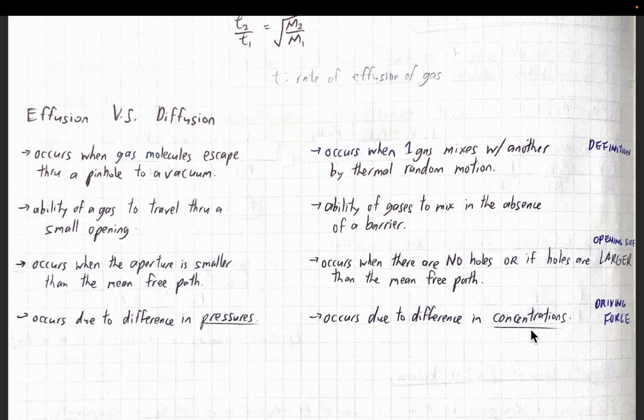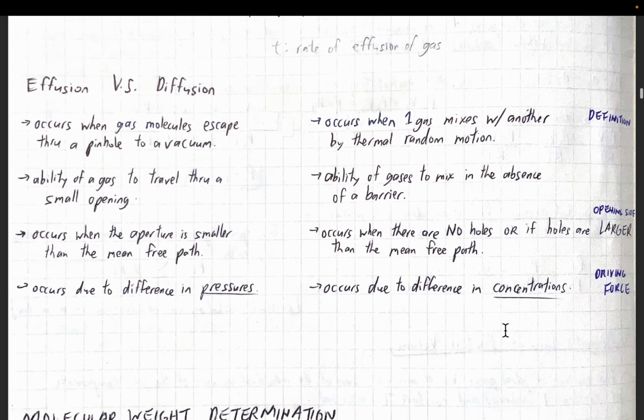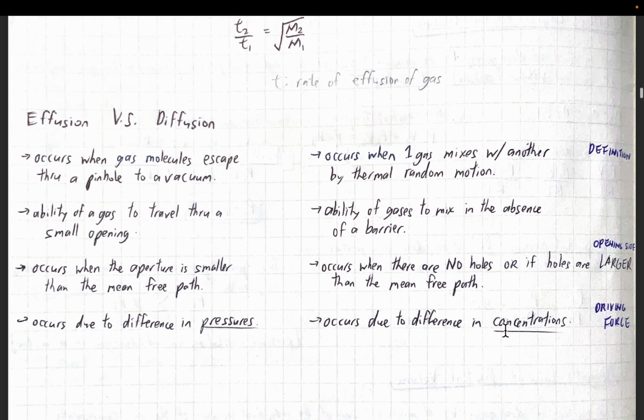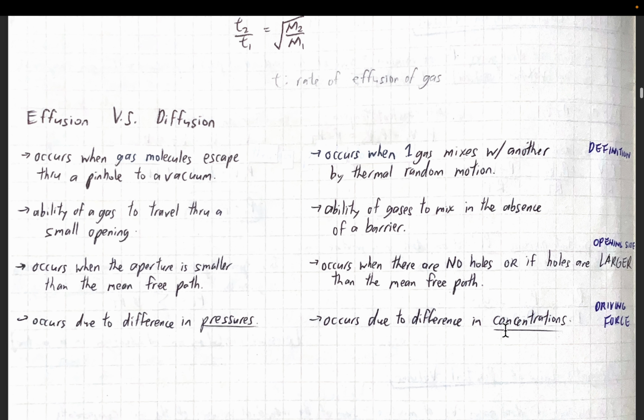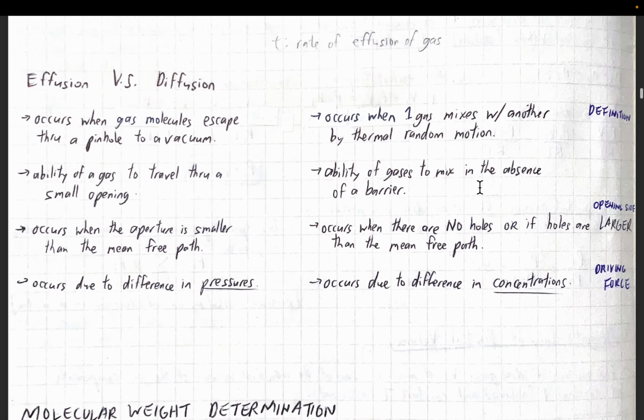I think I described it the other way around. So after you spray, that is because of a difference in concentrations. That definitely isn't the best explanation, but most importantly, you know the difference between what they are. So one is pinhole, that's a keyword for effusion. For diffusion, that's thermal random motion. Okay.